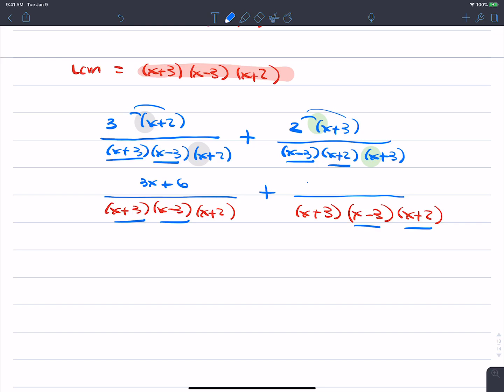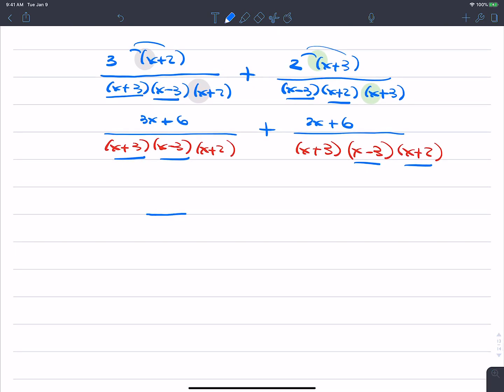So we end up with 3x plus 6 and 2x plus 6, with x plus 3, x minus 3, x plus 2 in the denominator.